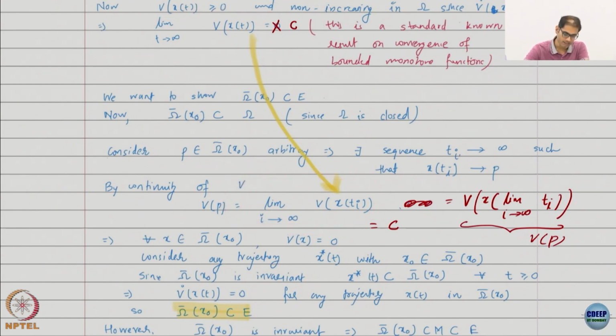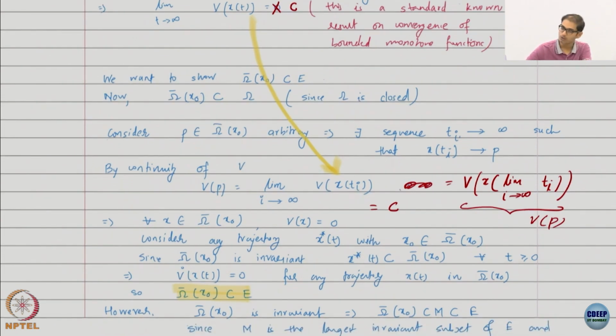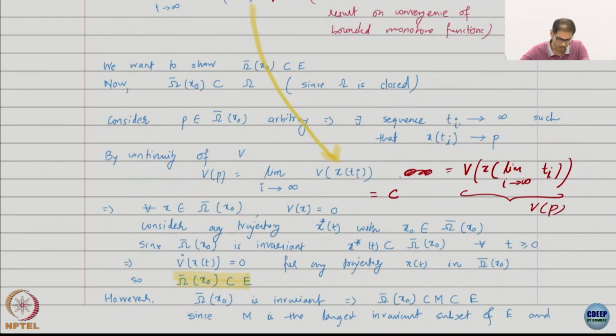Now notice p was arbitrary. Remember p was arbitrary. We have taken an arbitrary p, and I have basically concluded that v of p is a constant. Now what do I say? What can I claim?